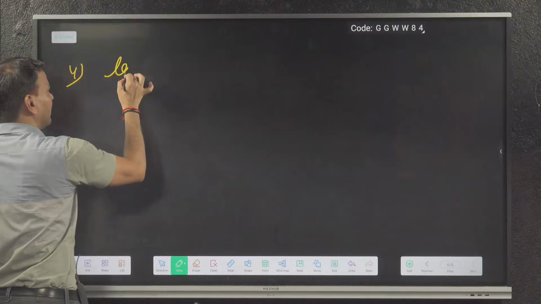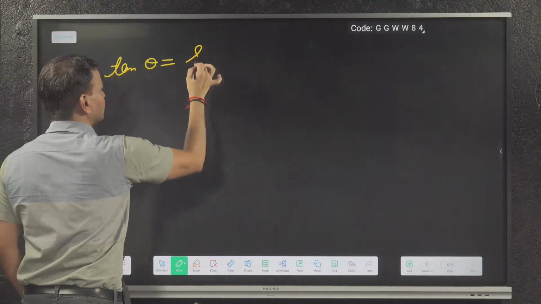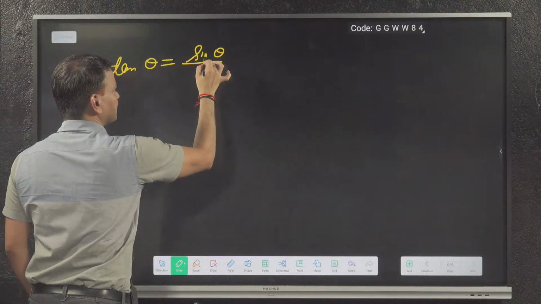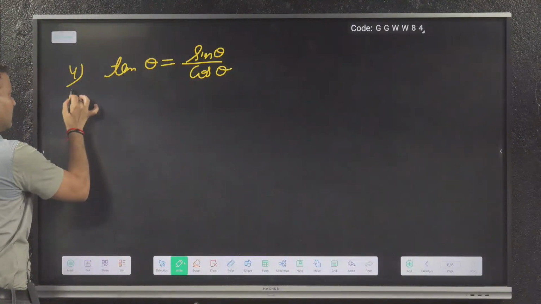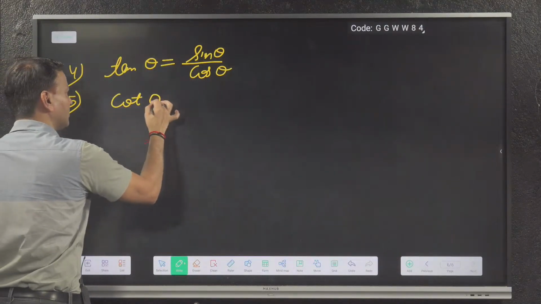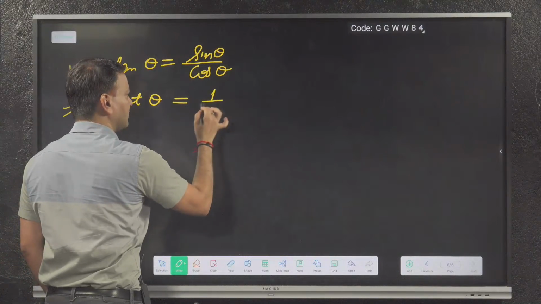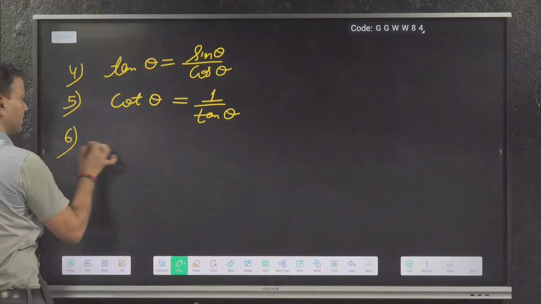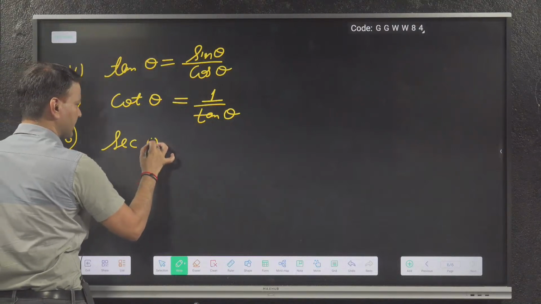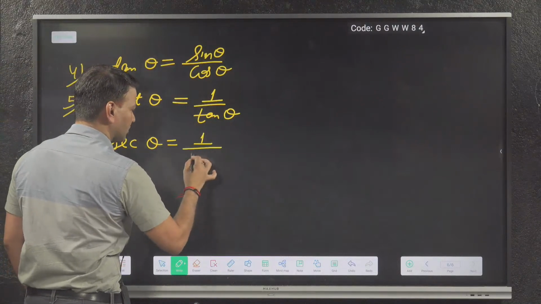So tan theta, one formula we know, tan theta is equal to sin theta by cos theta. Next, cot theta is equal to 1 by tan theta. Sec theta is equal to 1 by cos theta.